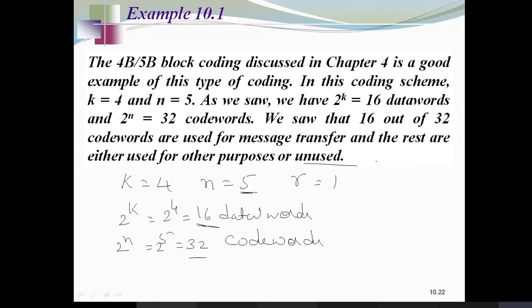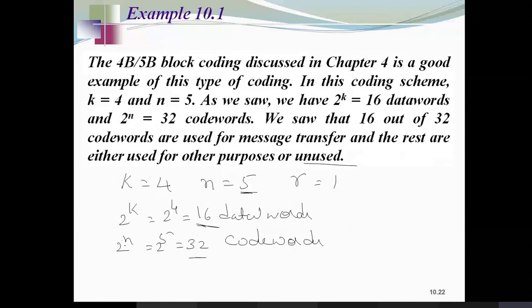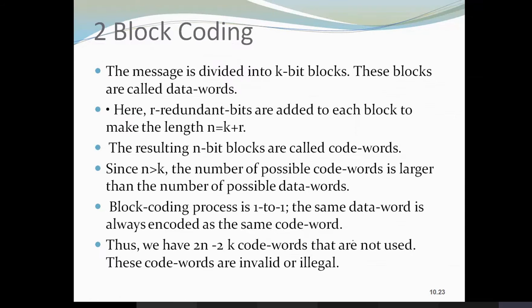We are not going to consider the remaining 16. This is just an example. Because the value of n is not the same as k, as the value of n keeps increasing, that is the number of extra bits you add, obviously you are going to get more code words, more than 2 power k. In that case, the extra code words can be left as they are.